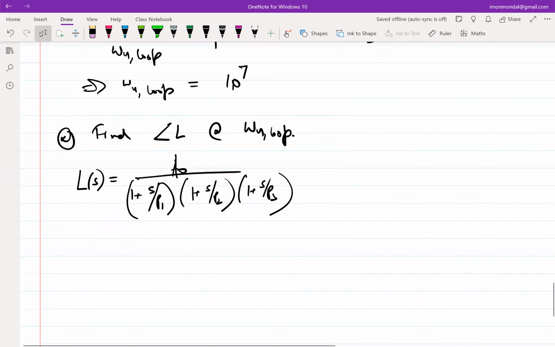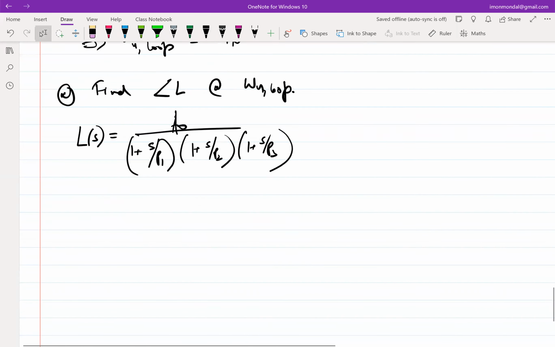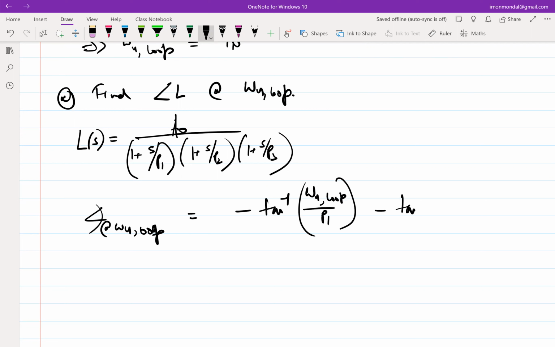What is the angle at any frequency omega? The angle at omega U loop will be minus tan inverse omega U loop by P1, minus tan inverse.